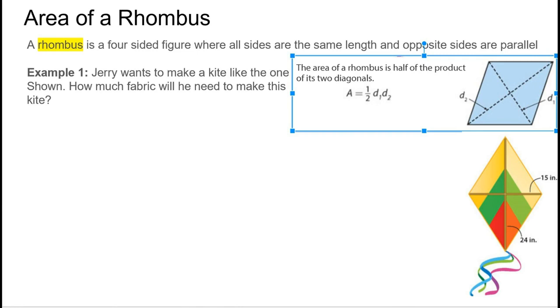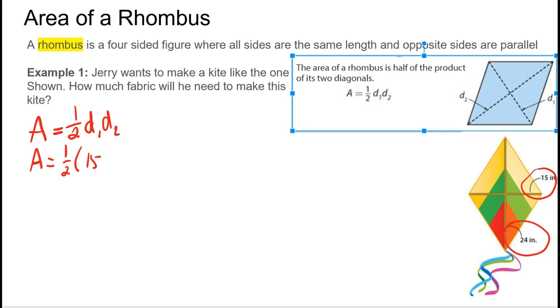Okay, so our formula is area equals 1/2 diagonal 1 diagonal 2. And it doesn't matter which one is diagonal 1 and which one is diagonal 2. So that means we have 1/2, diagonal 1 we could say is 15, and diagonal 2 we could say is 24. And then again, we're just multiplying. 1/2 times 15 times 24. It's always easier to take half of the even number first.